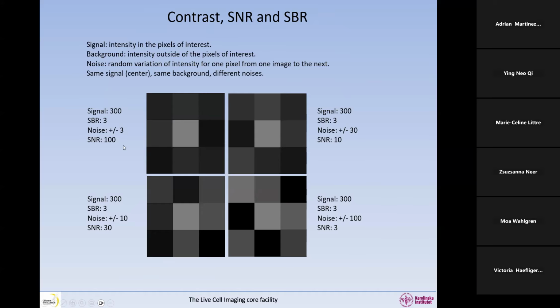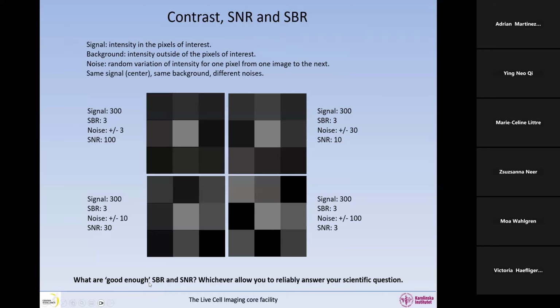And therefore, as we increase the amount of noise, so here we have plus minus 100, we get a very low signal to noise ratio. And in this one, we get a good signal to noise ratio because we have little noise. So this is the way the noise can decrease your contrast, because it falls everywhere. And so all the background is also changing.